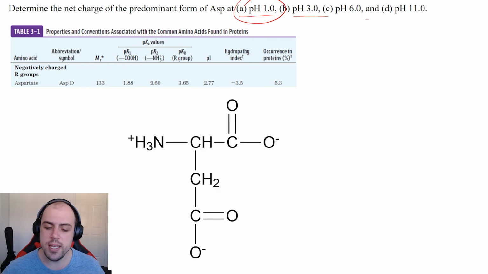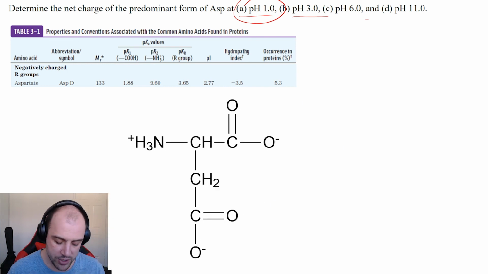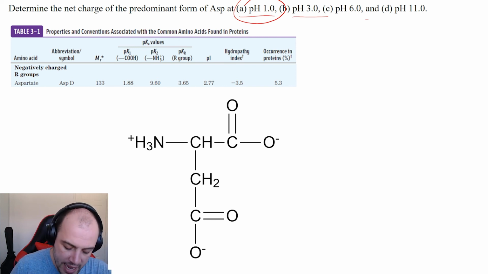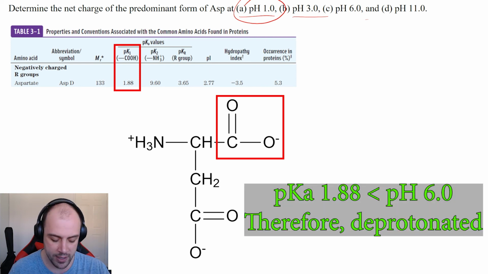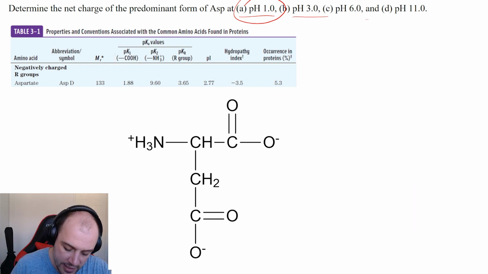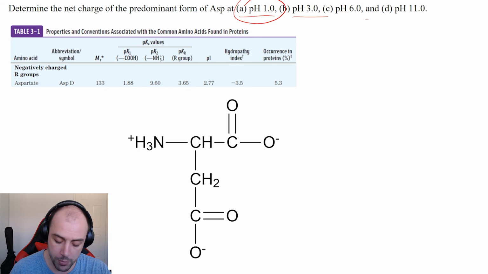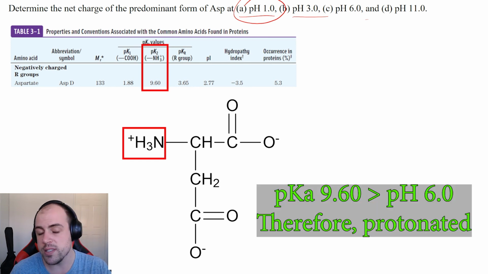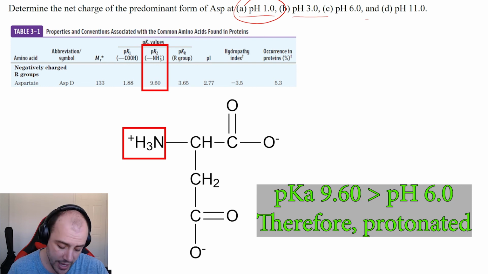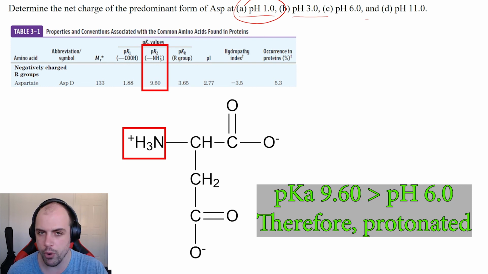The next one is at a pH of 6. Looking at a pH of 6, again, we've got a couple of things changing. Our carboxylic acid here, 1.88 versus a 6. Note the pH is greater than the pKa, which tells me it's going to be deprotonated. The next one is our quaternary ammonium group. 9.60 versus a 6. The 9.60 is greater than the pH, so that means it's going to remain protonated.